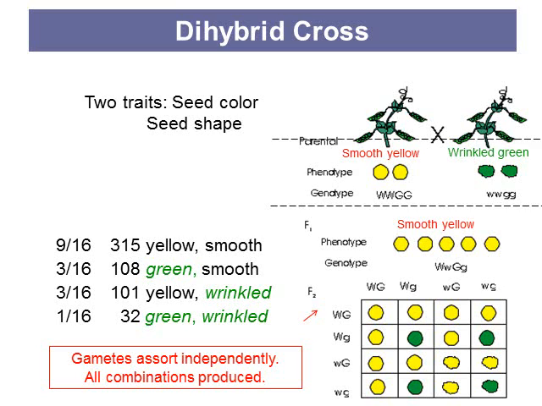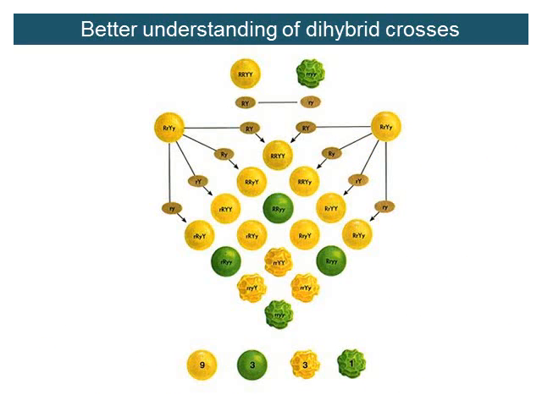So 9/16 are going to be the dominant, so 9 out of 16, and they'll be dominant, yellow and smooth. But 3/16 are going to be one recessive and one dominant. 3/16 are going to be the other dominant and then recessive, and then 1/16 is going to be completely recessive. So let's look at a better diagram of this.